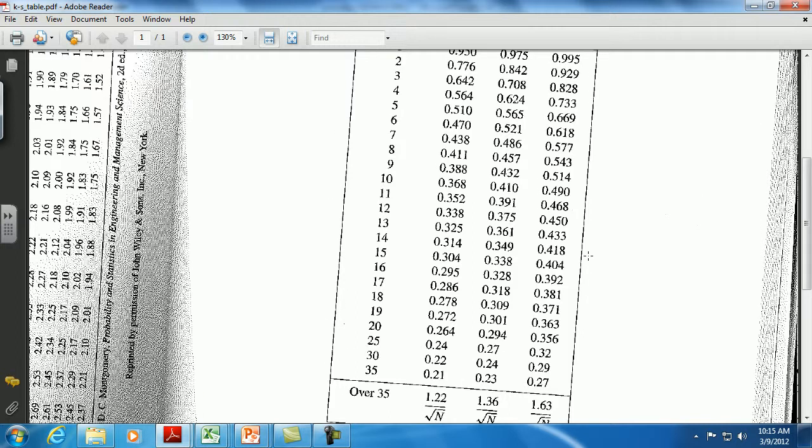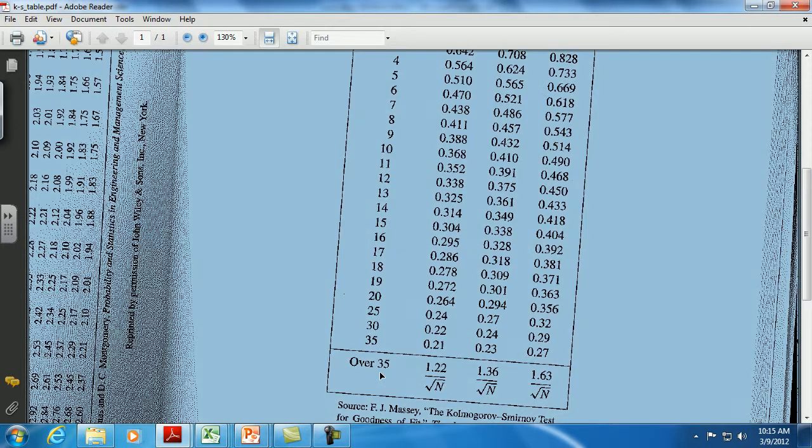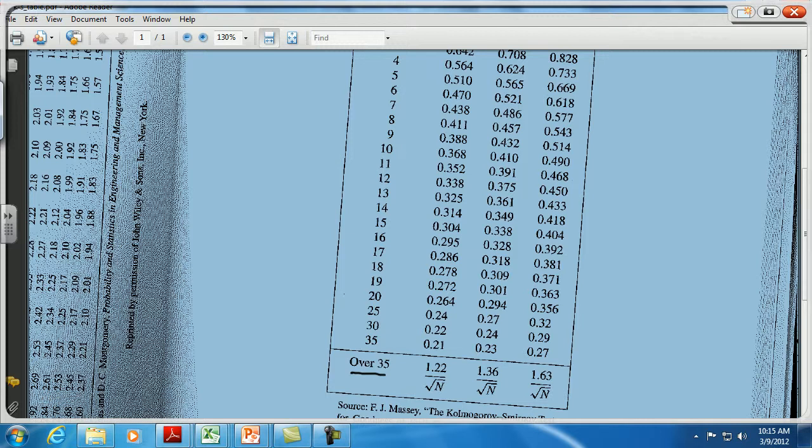But if you have over 35 observations, then for your 0.05 alpha, you need to use this formula. So that's what we're going to use.